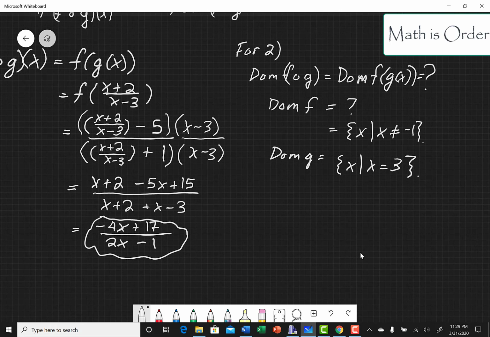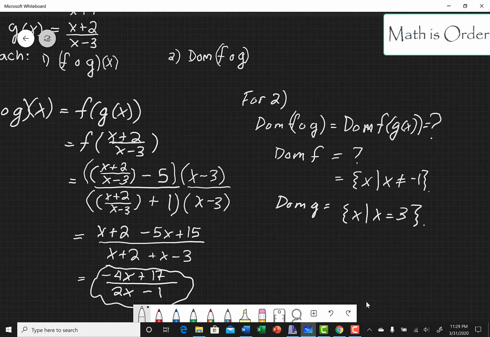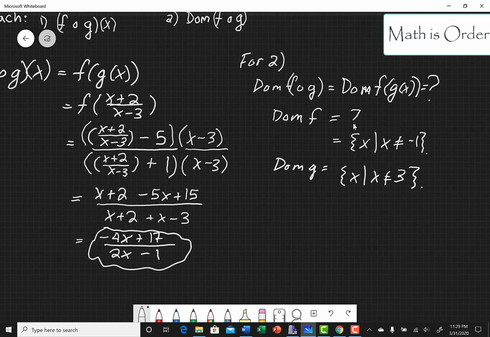Right? And then now, next, okay, the way to find the composition, it's not enough, again, to say this is the domain of that composition. That would be false.